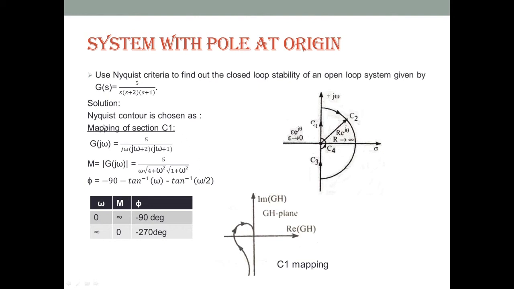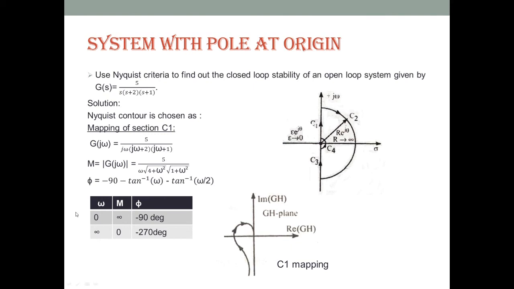Now let us map section 1 just like the previous example. We plot the polar plot of section 1, where G(j omega) equals 5 by j omega into (j omega plus 2) into (j omega plus 1). For the j omega term, it can be written as 0 plus j omega, and the magnitude becomes root of 0 square plus omega square, which gives only omega.